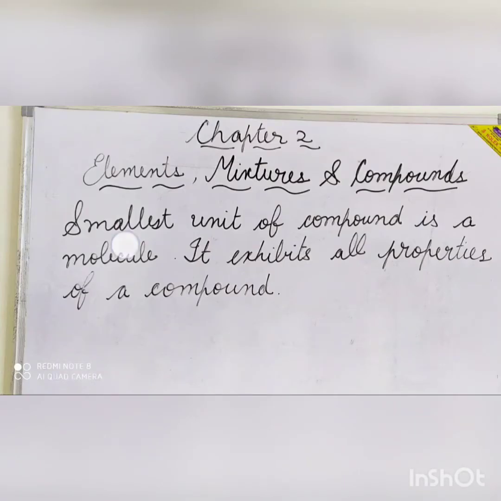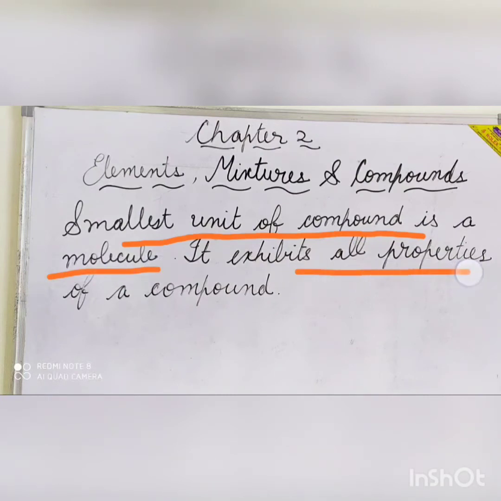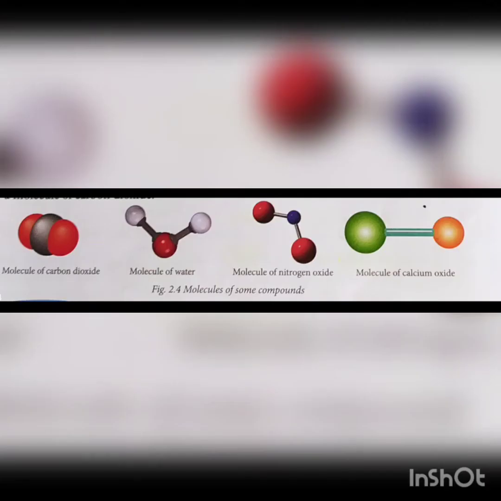The smallest unit of a compound is a molecule. A molecule exhibits all properties of a compound. The molecule of a compound contains atoms of different elements. For example, a molecule of carbon dioxide contains one atom of carbon and two atoms of oxygen.